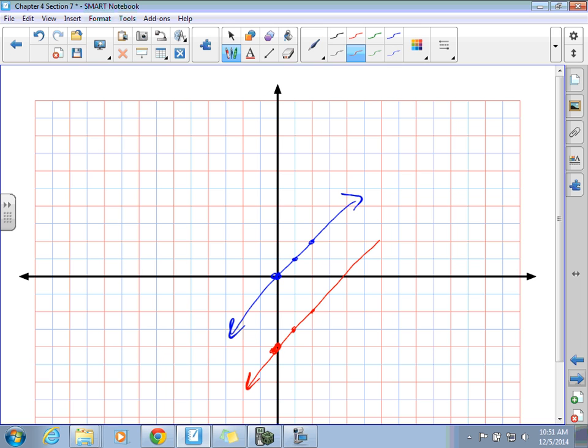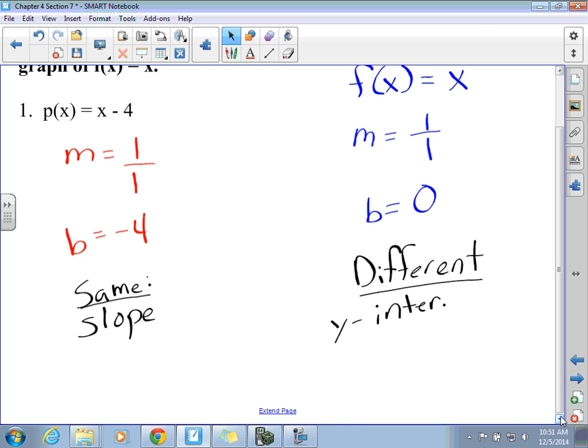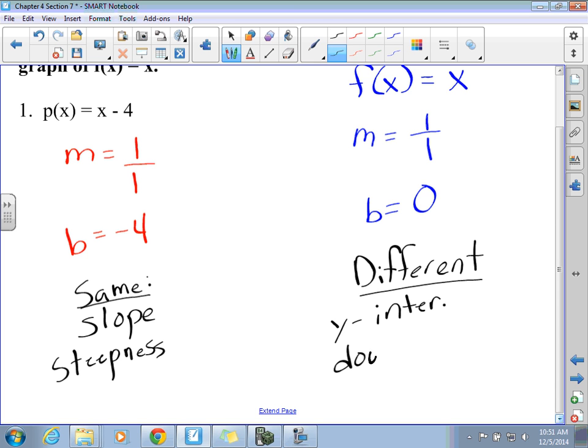What did the kid do? Shifted down how many? 4. Right. So we're going to go steepness, and we're going to go down 4. Done. Don't do slope and slope. That doesn't make any sense. Slope and steepness, because you guys got to understand that when we talk about slope, we're talking about how steep that line is. Okay. All right, let's go to the next one.